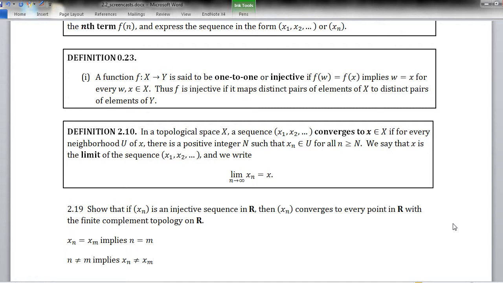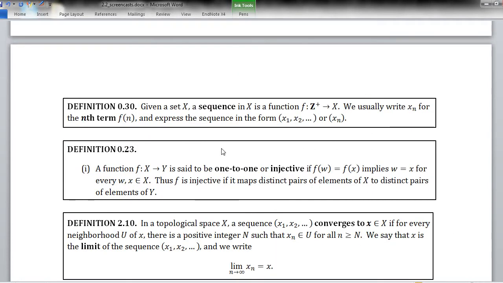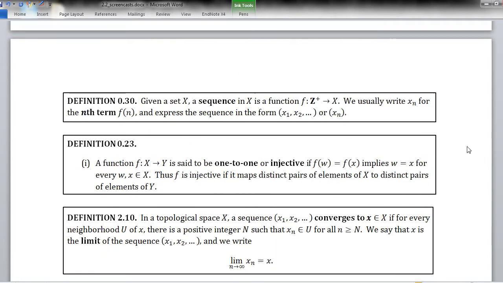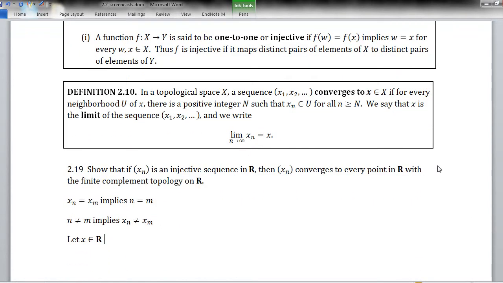So now, I want to prove that every point in the real numbers is a limit of this sequence. How about we let x be any real number. And now, from the definition of convergence here, we're supposed to take any neighborhood U of x, and let U be a neighborhood of the point x.